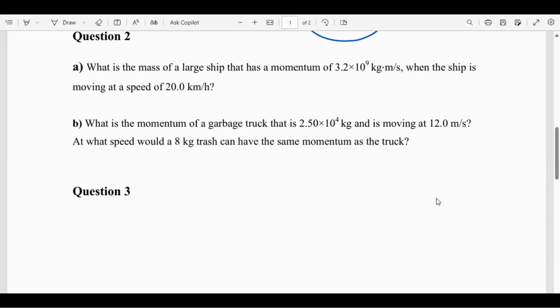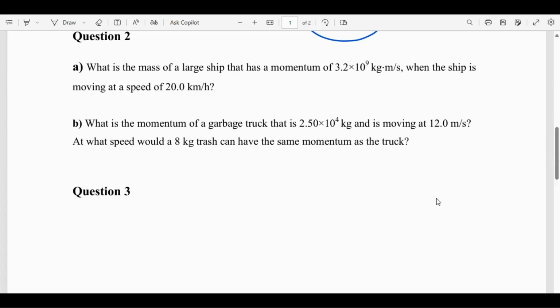And question B is saying, what is the momentum of a garbage truck that is 2.50 times 10 to the power 4 kilograms and is moving at 12.0 meters per second? At what speed would an 8 kilogram trash can have the same momentum as the truck?